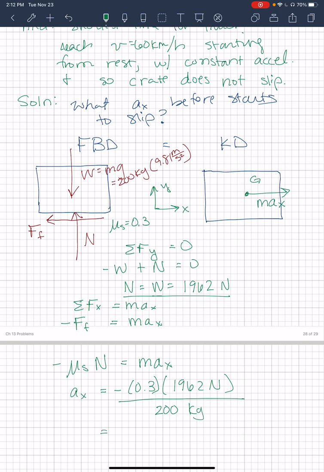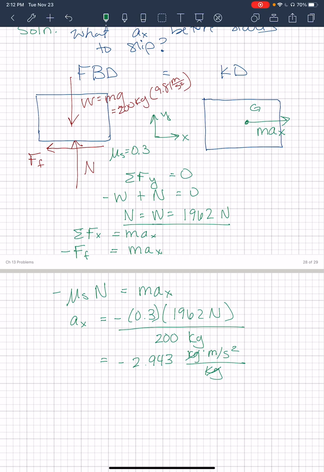So we get acceleration equals negative 2.943. And newtons is kilograms times meters per second squared, divided by kilograms, so it's meters per second squared.